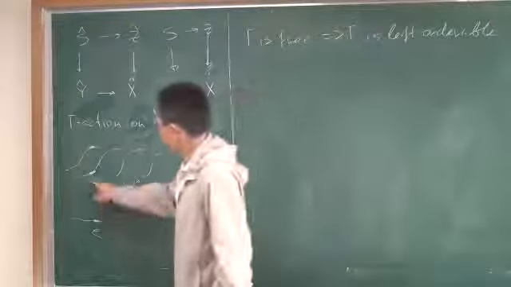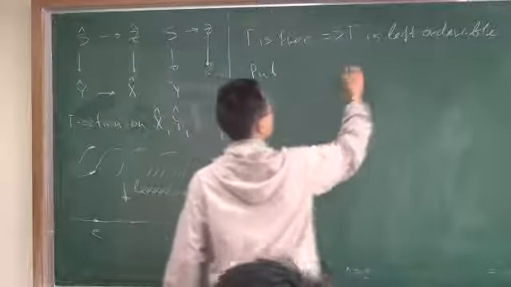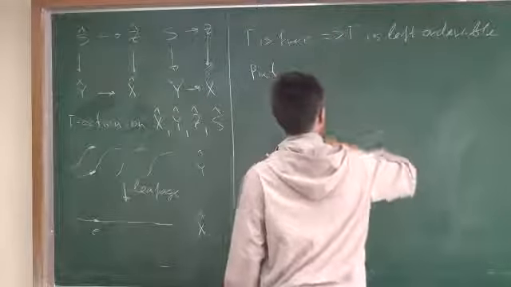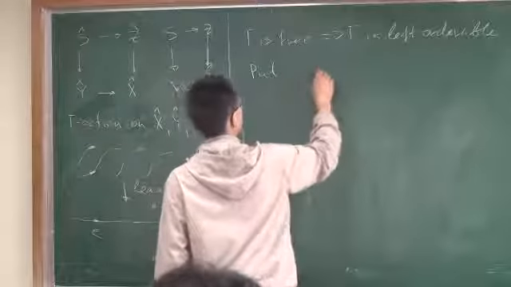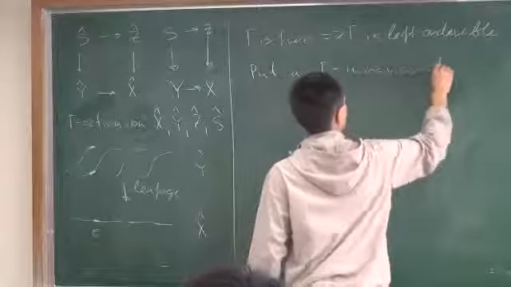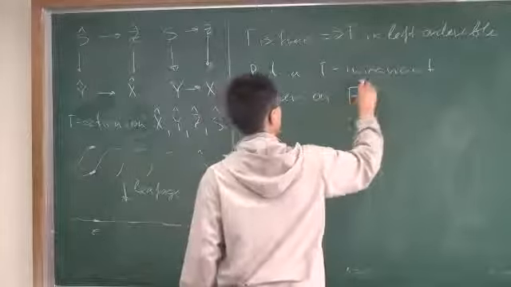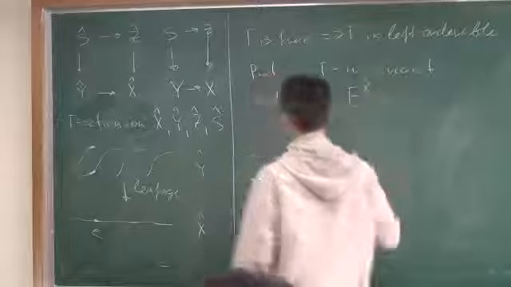So we take the preimage, this is a fiber. So put, left orderable means there is an ordering on gamma. So put a gamma invariant order on the edges of X hat first.